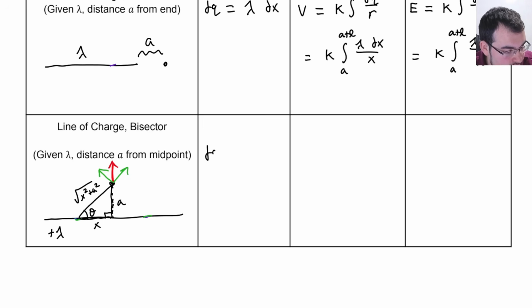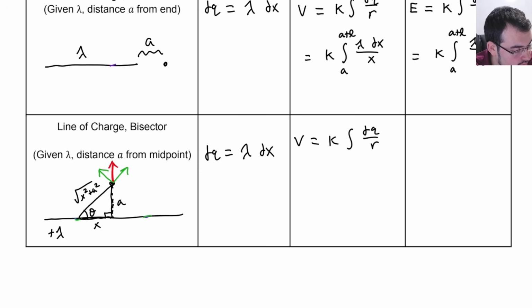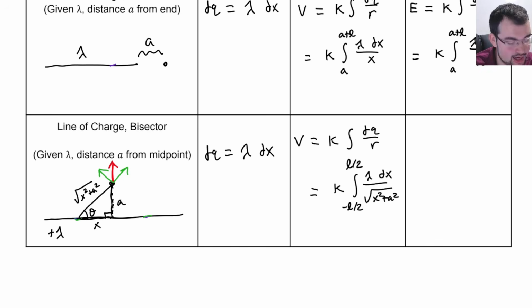So once again, dq is just going to be lambda dx. V is kq over r with no square. R is the Pythagorean distance, and I go from half of the rod length one way to half of the rod length the other way. So the limits are actually the weirdest part for setting up the bisector one here.